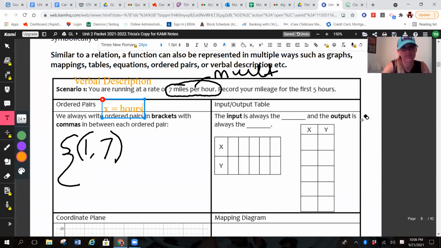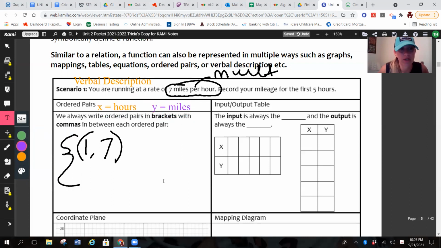Write this down. And Y would equal miles. Okay, now that's a little bit easier to see.